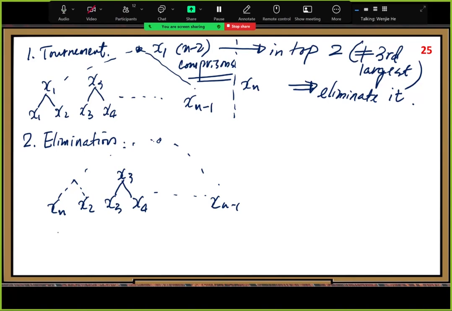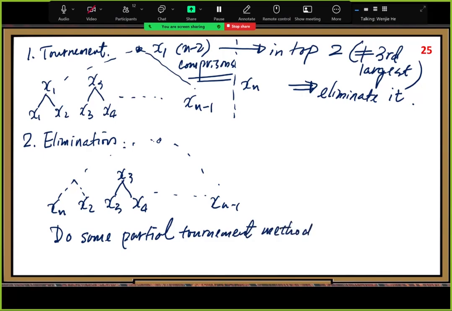Actually, you do some partial tournament method, not complete, because a lot of the work here you already did before. You just use the known information. The unknown part mainly relates to xn.